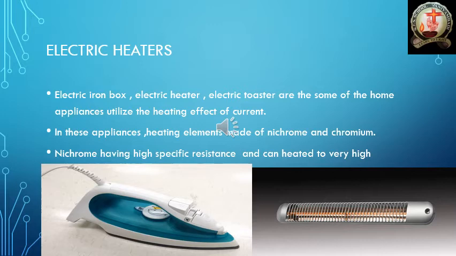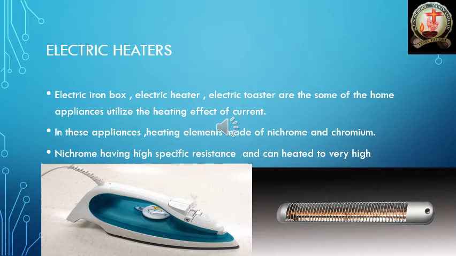In either iron boxes or electric heaters, which materials are used in manufacturing? Nichrome and chromium. What is the use of nichrome and chromium?